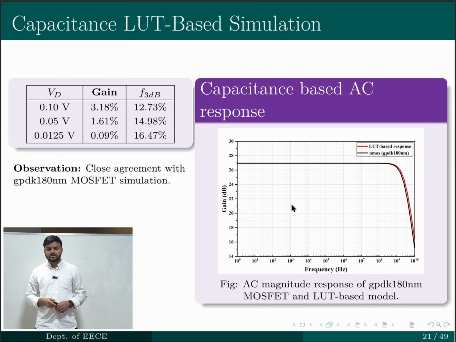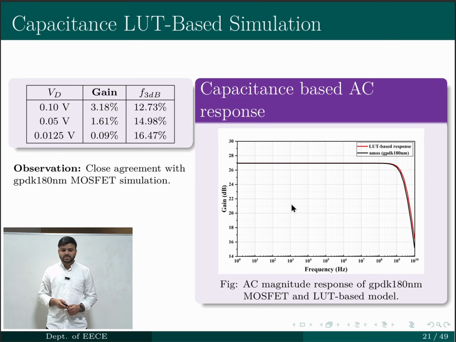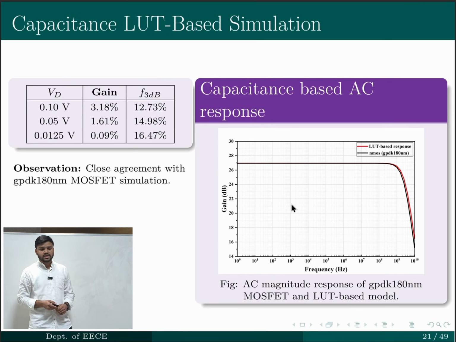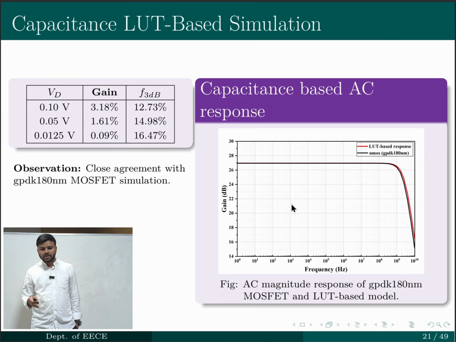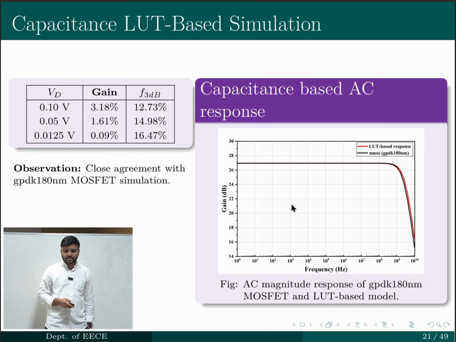When the step size of VD is reduced, the gain error came to nearly 2%, and the bandwidth error increased, to nearly 15%. Again the step size of VDS was reduced, and again there is a gain improvement, but not a bandwidth improvement.